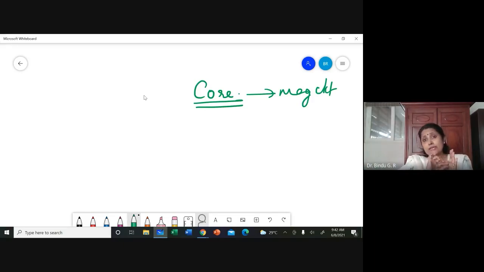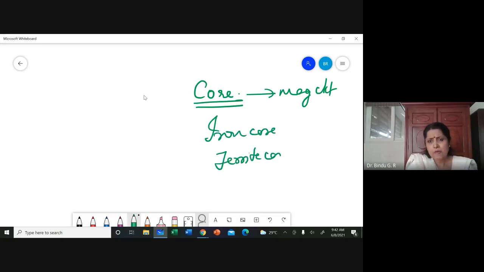You provide a good conductor and then complete that circuit. And if you want to create magnetism somewhere, again you provide an iron core, or nowadays we have ferrite cores, or even Alnico. So some core made up of a magnetic material.